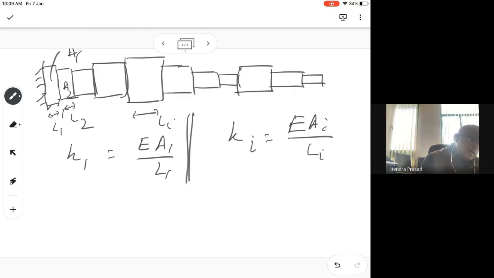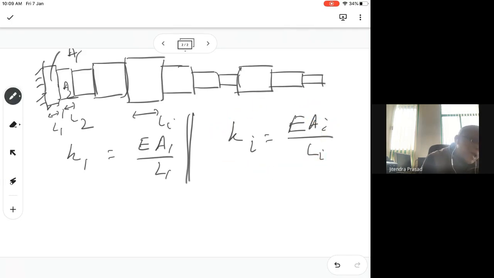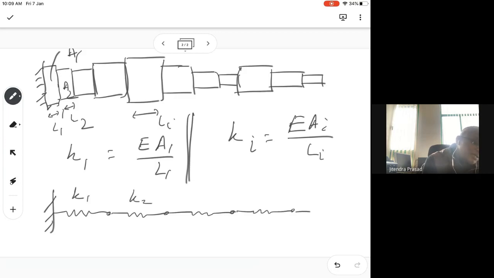What we see here is Ki, the stiffness we calculated, and that really means this is equivalent to several springs: 1 spring, 2 spring, 3 spring, 4 spring, and so on. So we have K1, K2, K3, K4, and so on.